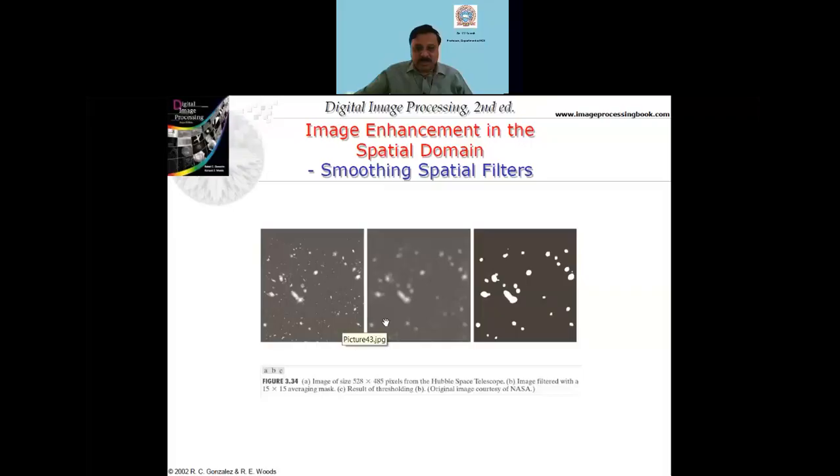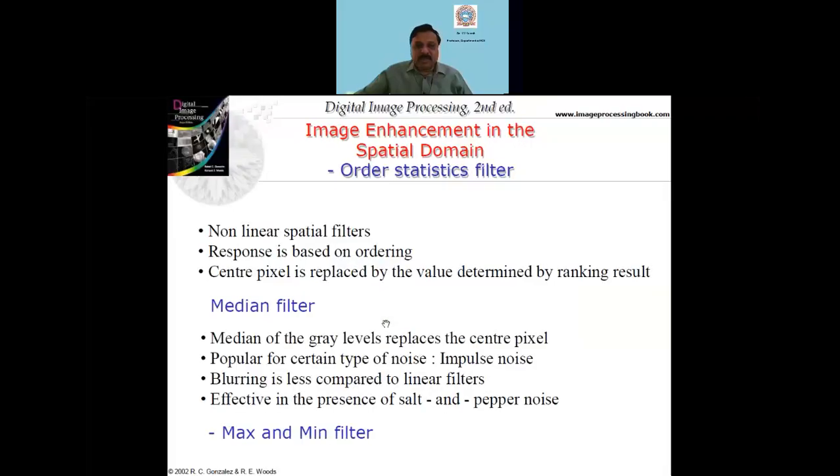So that is an application. There is also another type of filter called order statistics filter, which is also a nonlinear filter. And I think I explained with an example how by using median we can remove what is known as impulse noise. A good example for impulse noise is salt and pepper noise.